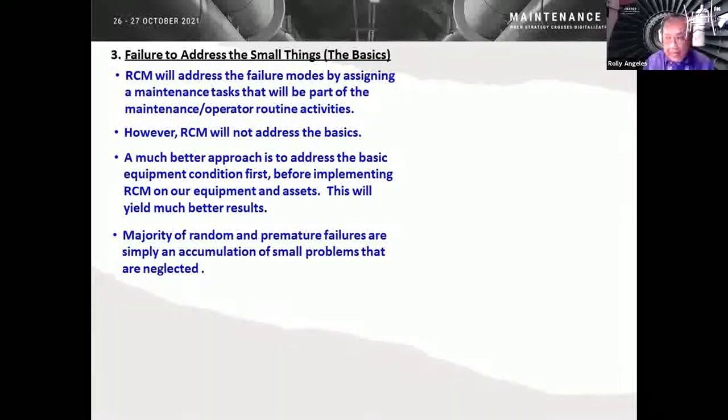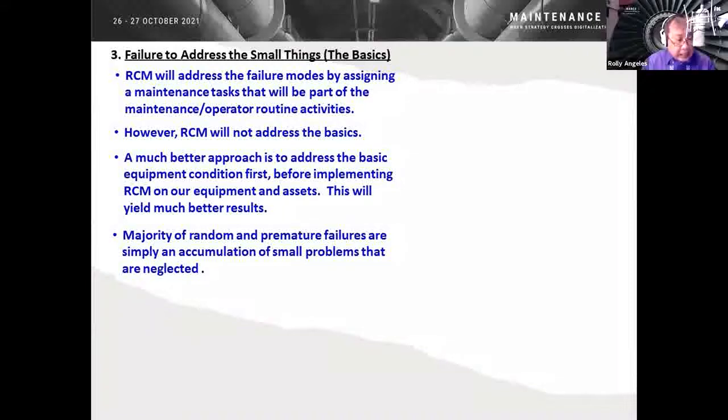So if we have a bearing and we have an L10 and we have a given reliability of 90%, it means that the bearing's life is 9 years at 90% reliability. Now, condition-based maintenance will only detect when that particular bearing will fail.